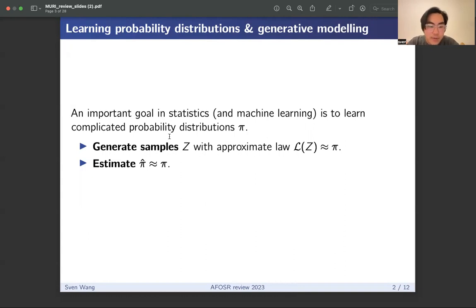An example of this would be, for instance, if pi is a distribution of real-world images and I see a lot of instances of real-world images, and then I want to estimate the distribution of those and also come up with a sampler that generates new pictures which look like they occurred in real life.